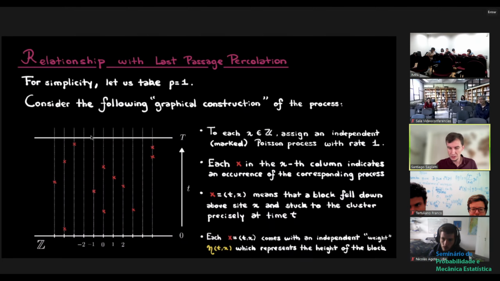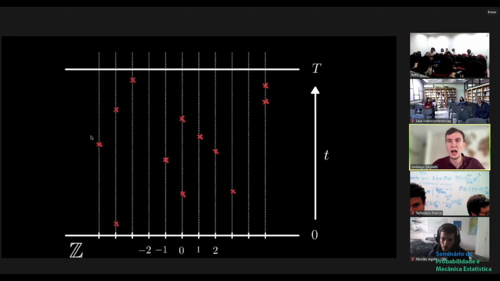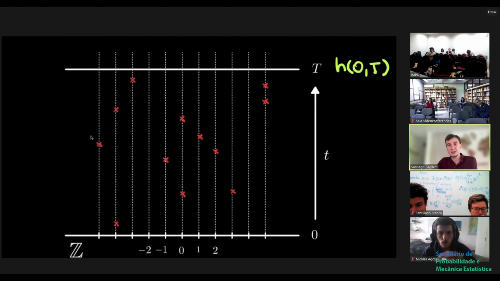And now I want to explain from this information how I'm going to reconstruct the process for all times. So suppose that you want to compute the height above 0 at time t. So at time t, how tall is the column of blocks sitting on top of 0?